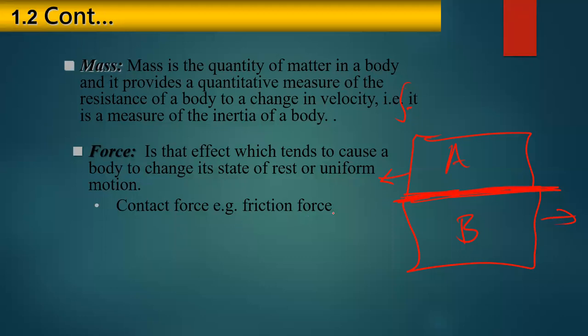Then apart from the contact force, we also have another type of force which we call the non-contact force. Examples that we have are gravitational forces, and there are also other forces. Which force can I give as an example?